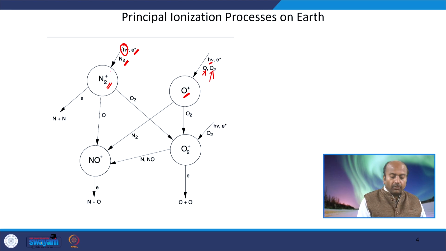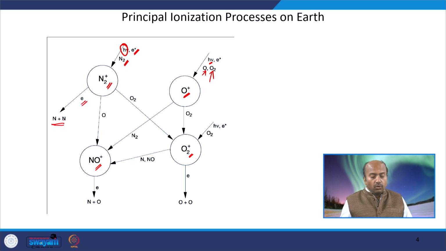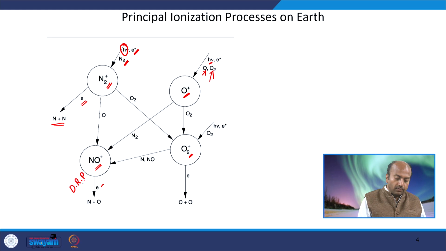This N2 plus ion can combine with O2, resulting in an exchange of charge and giving the O2 plus ion, and sometimes it can combine with O, leading to the dissociation of the molecule and subsequently forming an ionic state which is NO plus. So, these are the principal ions, and this N2 plus ion can recombine dissociatively with an electron, resulting in the formation of two neutral nitrogen atoms. This NO plus, which is also a molecular ion, can combine with an electron by means of a process called dissociative recombination, resulting in the formation of neutral atoms.